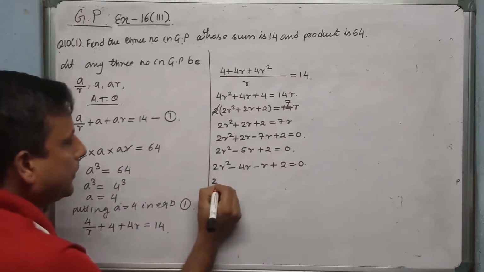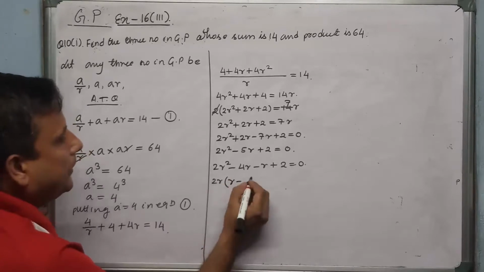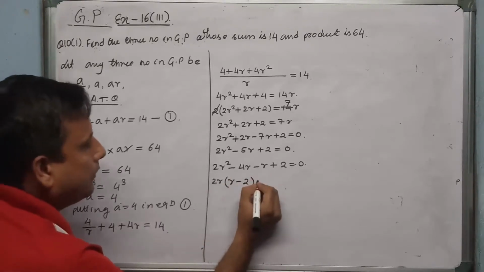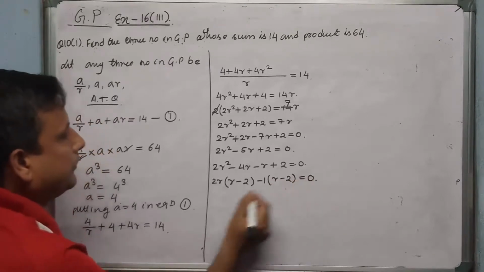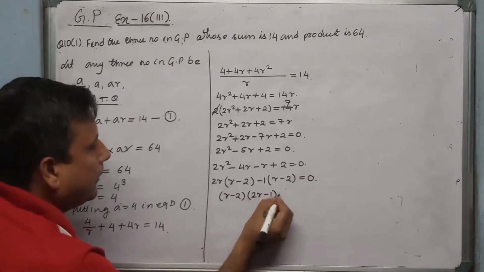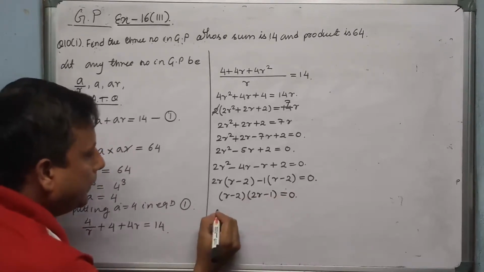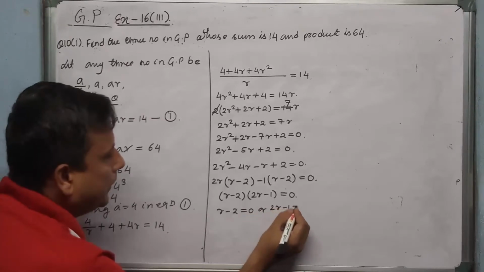Now from these two expressions I'll take 2R common. If I take 2R common, this one will be R minus 2. I'll take minus 1 common, then R minus 2 common, equals 0. Either R minus 2 is equal to 0 or 2R minus 1 is equal to 0.